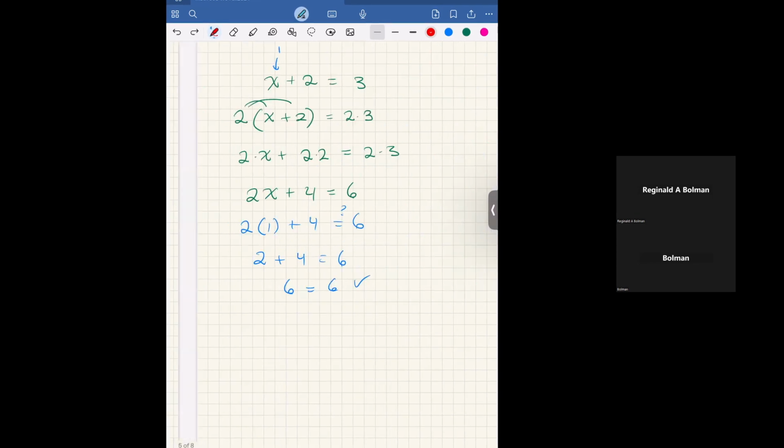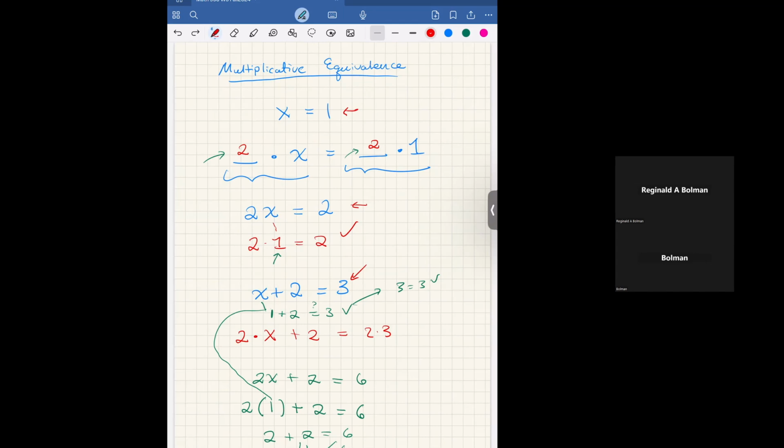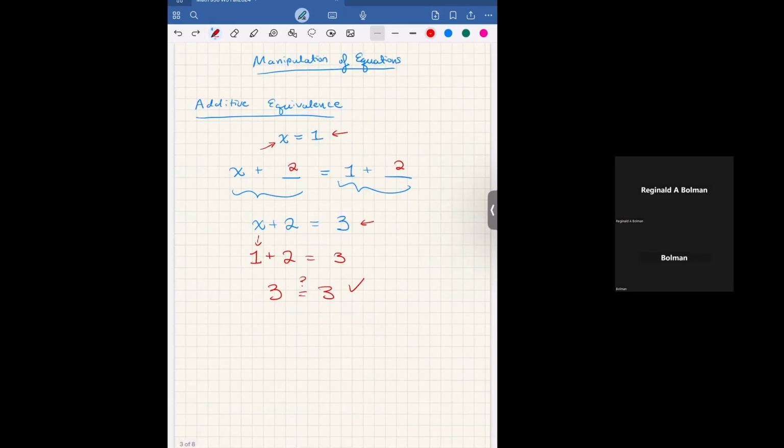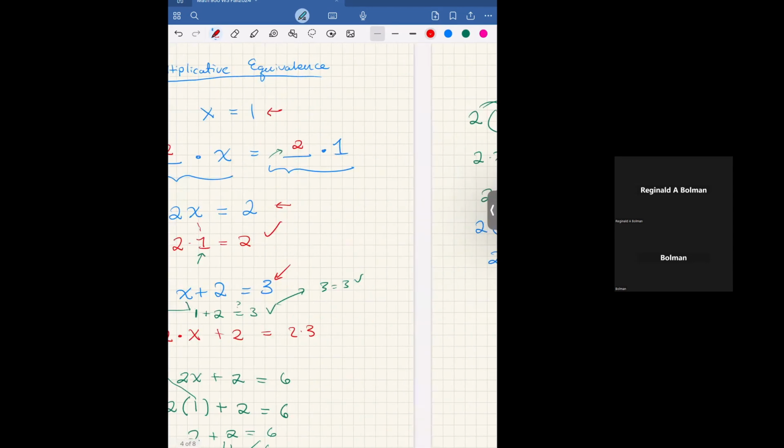And so what we're going to do is use the multiplicative equivalence rule, or the multiplicative equivalence property, knowing that we can maintain the balance of an equation by multiplying a value on both sides. We get to choose the value, and we're going to use this multiplicative equivalence law along with the inverse law, specifically the multiplicative inverse law.